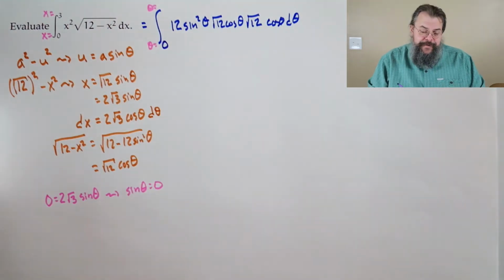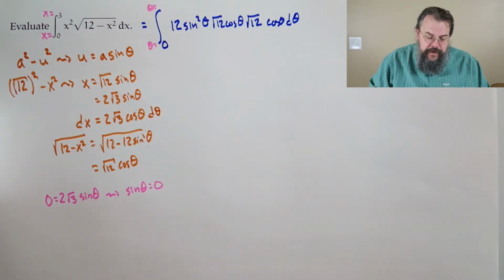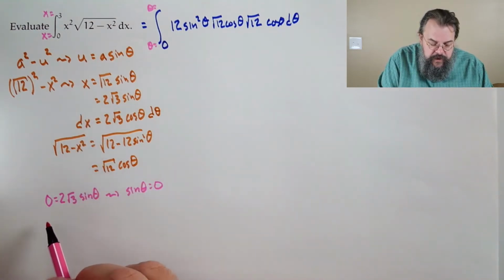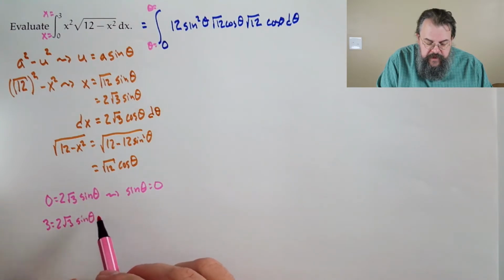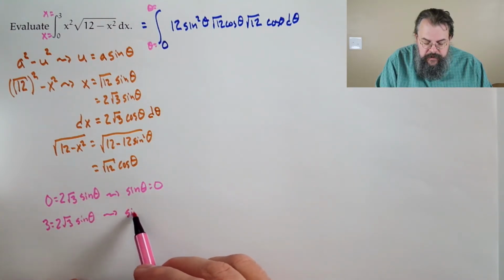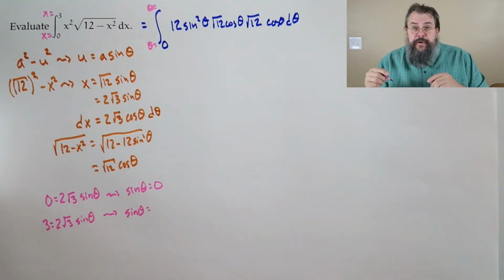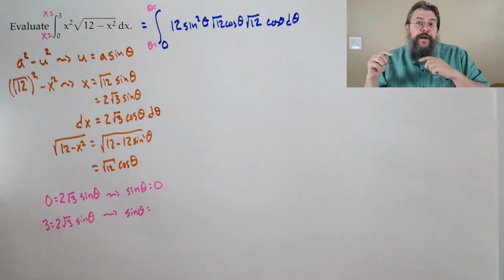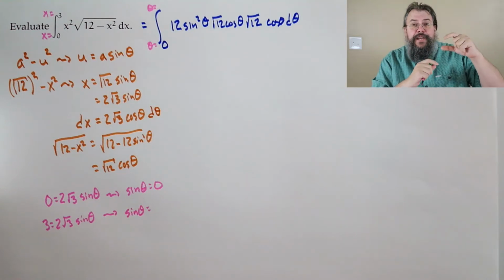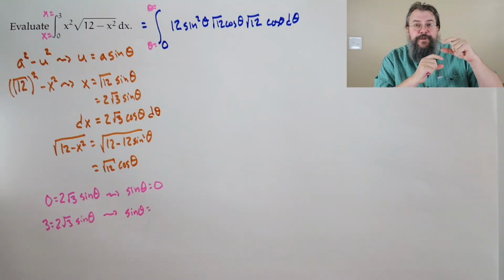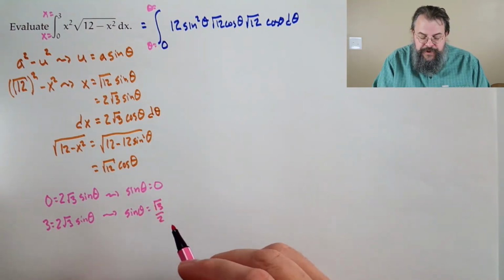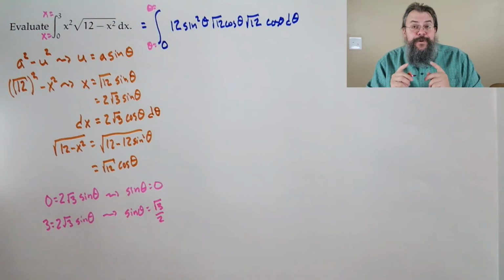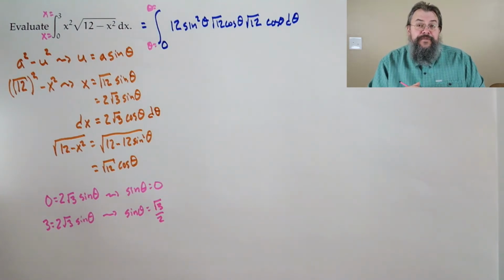Okay, other bound, right? There's an upper bound as well. Good. So we plug in x equals 3. 3 equals 2 root 3 sine theta. Well, that's the same as saying sine of theta, if we divide both sides by the 2, that's easy. When you divide by the root 3, you'll have a 3 over root 3, which you can simplify to root 3. So we have root 3 over 2. Now, that's a really good thing. We have seen sine of theta equals root 3 over 2 before.